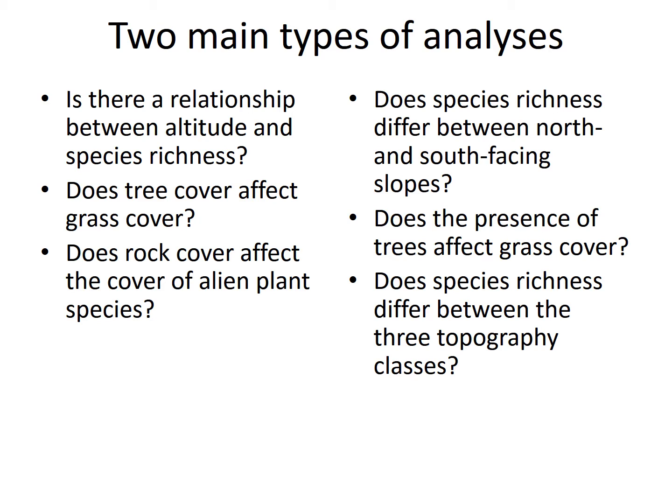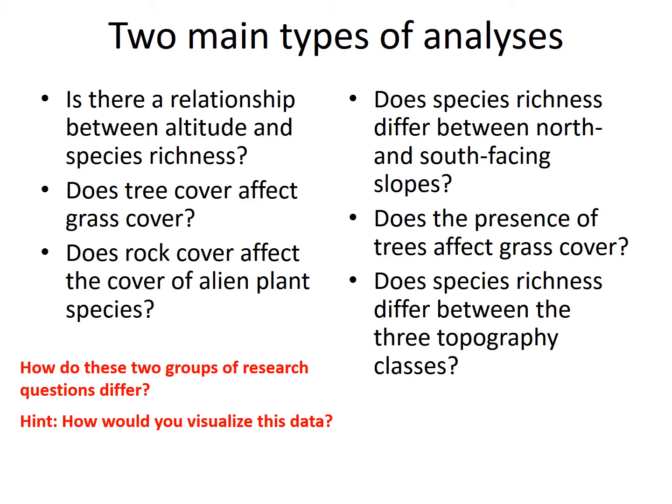And two other questions. And I want you to tell me, how do these two groups of research questions differ? And maybe as a hint, this might help some of you. How would you visualize this data? So I'd like you to take a moment and pause here and think about how would you visualize this data, or if that doesn't help you, just how do these two groups of research questions differ?